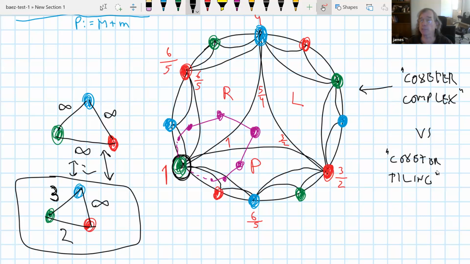Basically that corresponds to taking any subgroup of the Coxeter group, not necessarily a normal subgroup, and modding out by it. It's taking the action, taking the cosets. So the cosets of a not necessarily normal subgroup give you the tiles of this Coxeter tiling.